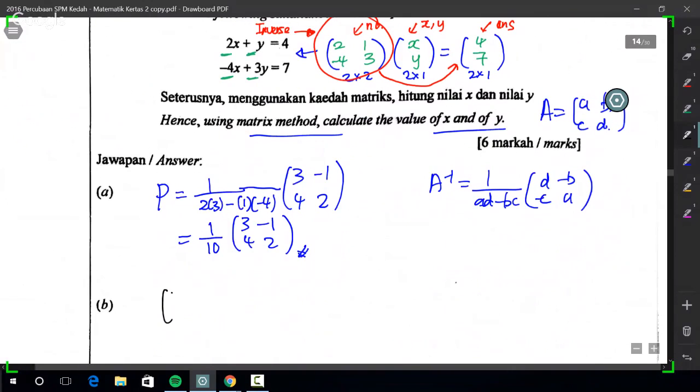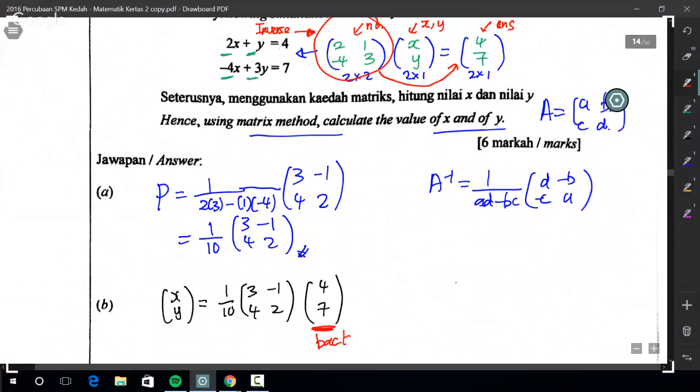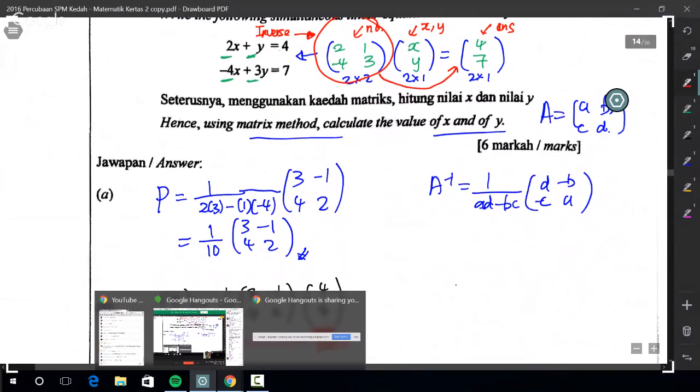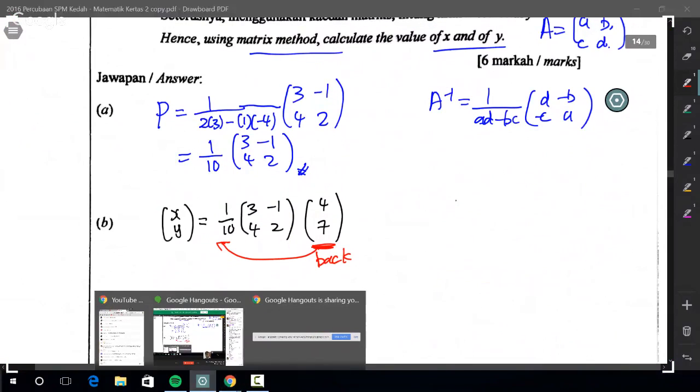So you have an x, y here. And then I move 2, 1, -4, 3 to the other side, it will become inverse. So this is exactly what you will get for your inverse. And then the 4, 7 is at the back. It's so important to understand the 4 over 7 is at the back. Alright, you cannot move the 4 over 7 in front of this one. Then you cannot multiply. Because this is the order rule.